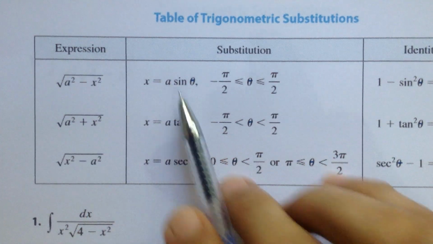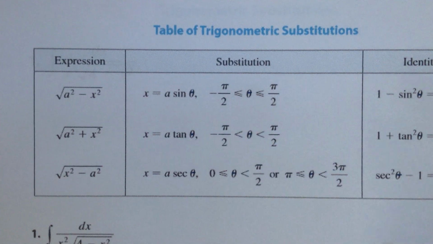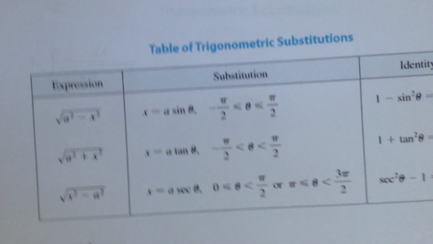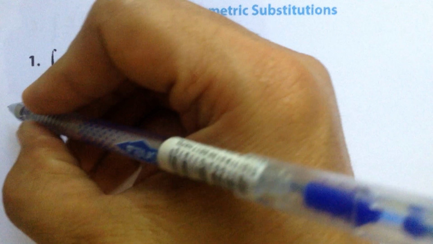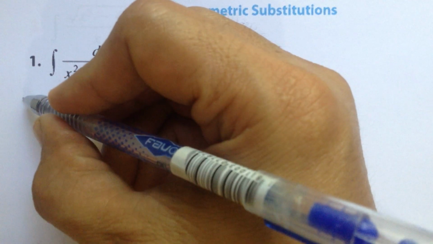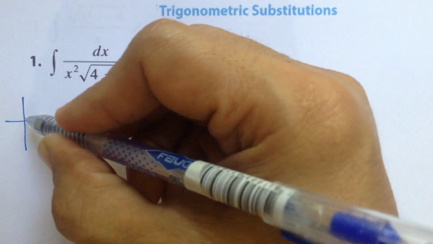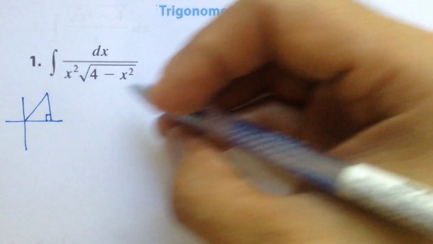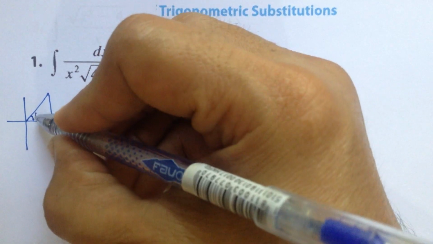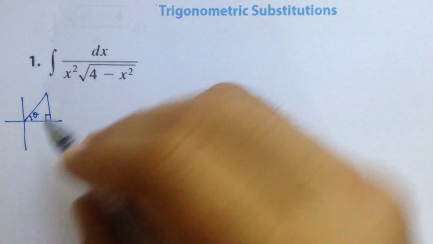So the substitution is x equals a sine theta, where your theta is restricted between negative pi over 2 and pi over 2. But actually, even without the table of trigonometric substitution, you can also derive the trigonometric substitution in this right triangle, where this is your theta.